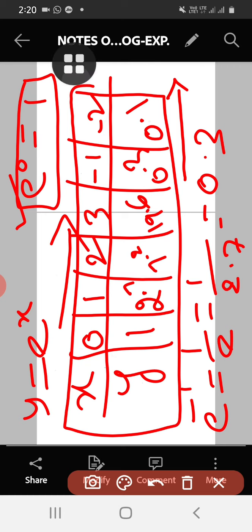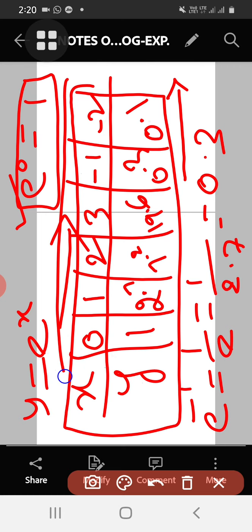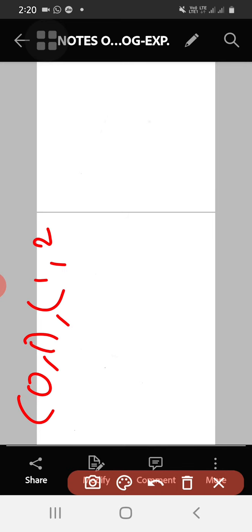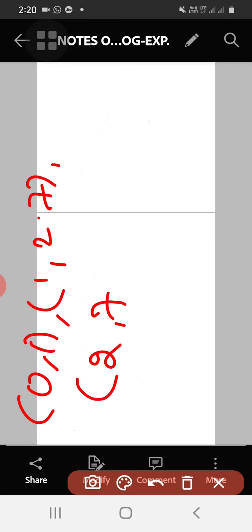So you note down all these points. Let me write this. What are the points I got? 0, 1, then 1, 2.7, then 2, 7.2. We will not go for 3 here, since it will increase.